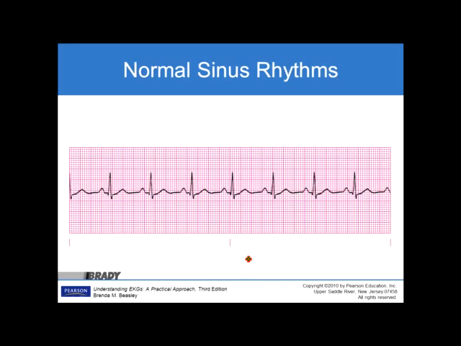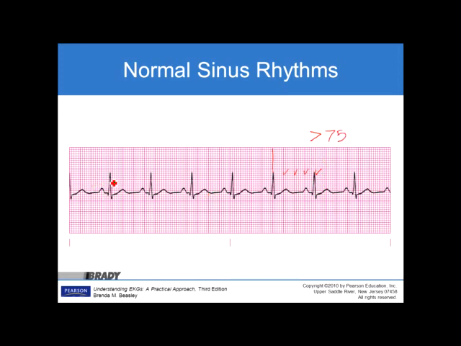So here we go on our first rhythm strip. We're going to use 2 methods here. We're going to find one that is very close to that upright large line, and then we're going to count these big large boxes off. 300, 150, 100. It's a little less than 75, or I'm sorry, a little more than 75 beats per minute by the R to R method.